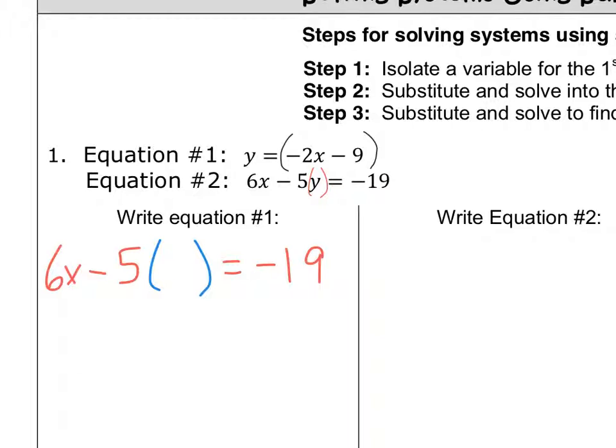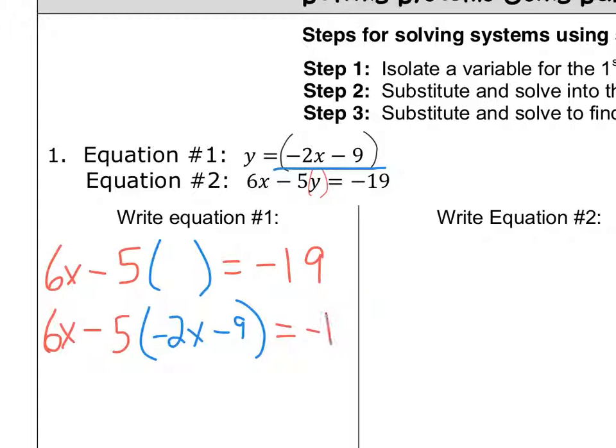All right, so let's just move over, continue on down and substitute in. So 6x minus 5, and what we're putting in our parentheses is this -2x minus 9. So -2x minus 9. So that fills in our parentheses, and then we just finish equals -19.